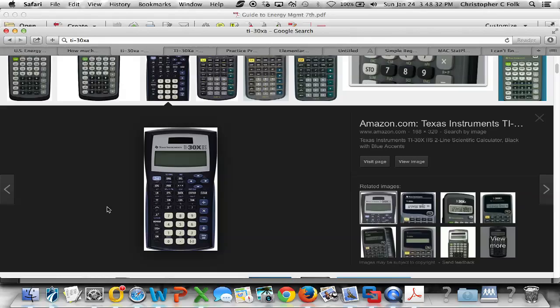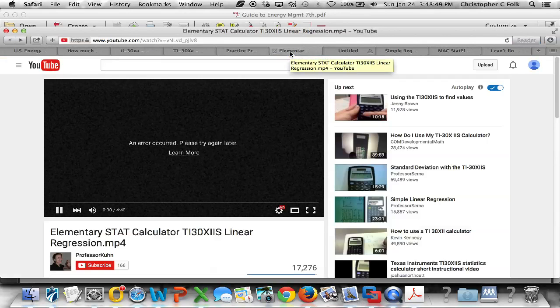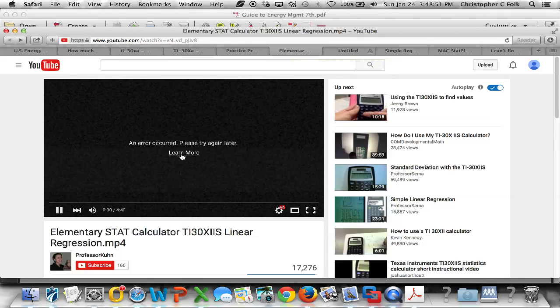Now this calculator is just a little bit more. You can get it for about $15, $16. And there's an excellent YouTube video available right here on this page. Bear with me.